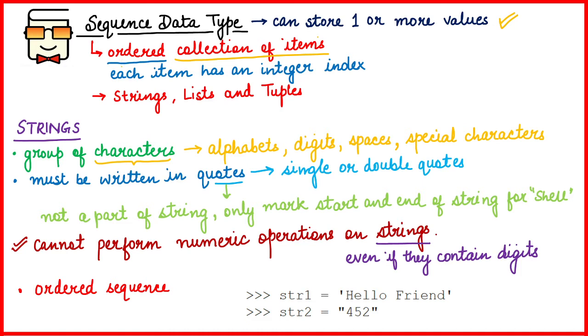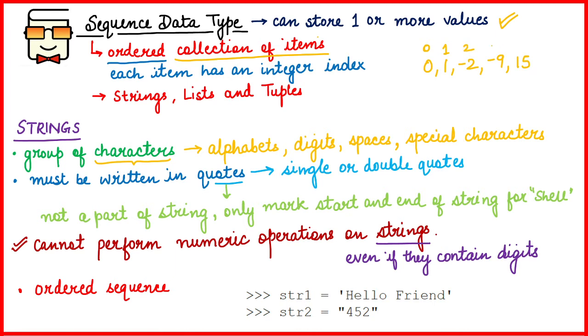Ordered means that each and every item in that collection has a particular position assigned to it. So if I am writing a collection, say 0, 1, -2, -9 and 15, this is a collection of items. Now if I say that it is an ordered collection of items, I mean that the first value will have a certain position associated with it.